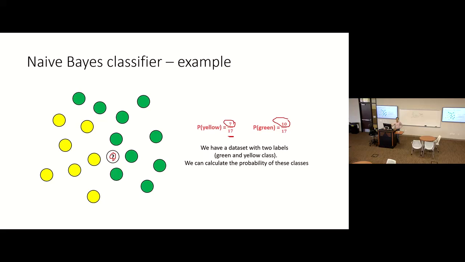So without knowing anything, this is my prior knowledge: the majority of the data points belong to green. So we have a prior probability which is larger for green and smaller for yellow, without knowing anything.